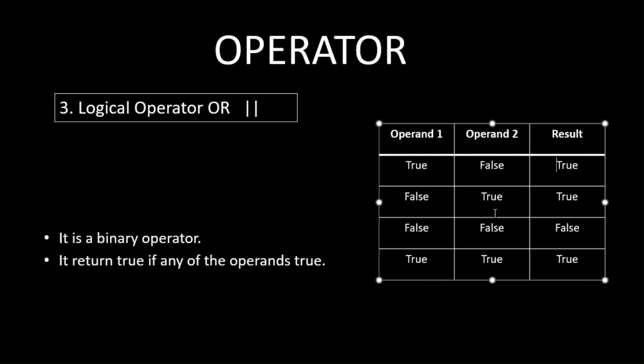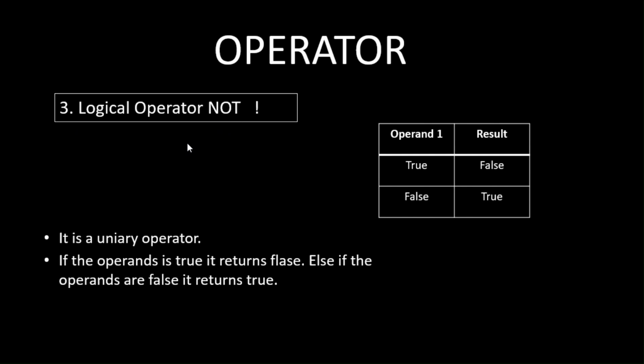And if operand 1 is false and operand 2 is true, you will get true. And if both conditions are false, you will get false, meaning you will get the password type error. You can get this if your email and phone both have errors. If operand 1 or operand 2 is true, you will get true.